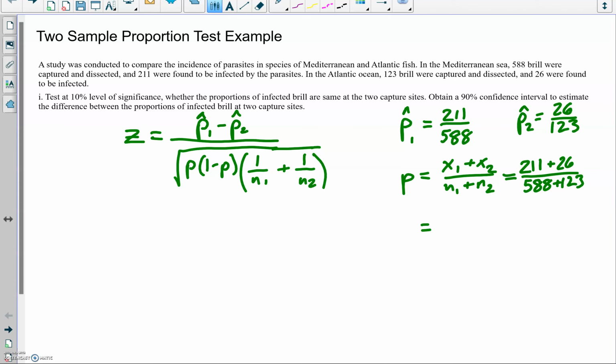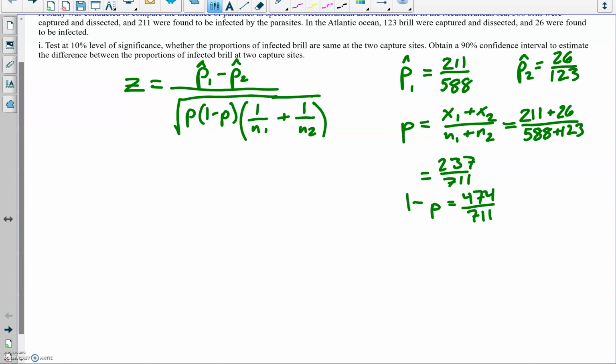And when you put this together, you get 237 over 711. And then that means that 1 minus p is going to be 474 over 711 after you subtract. So we have all the information we need for the test statistic.